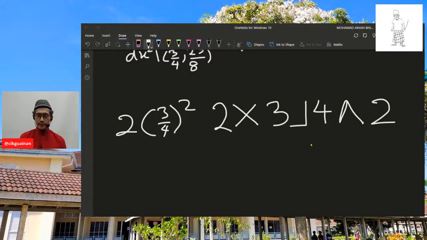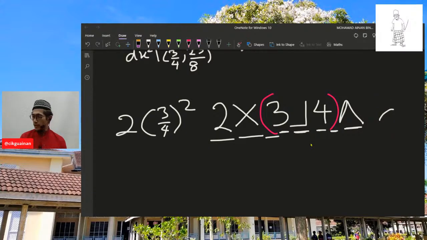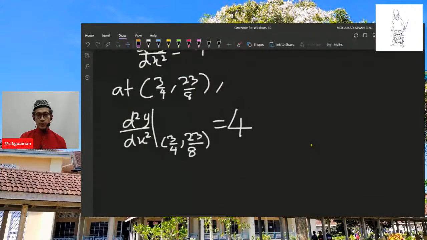The correct way is to put a bracket: 2 multiply bracket 3, fraction symbol 4, another bracket, then power 2. Thank you so much for all your concern. It means you are alert.